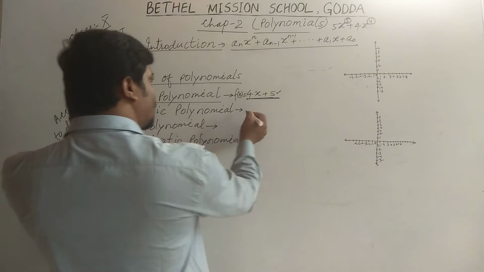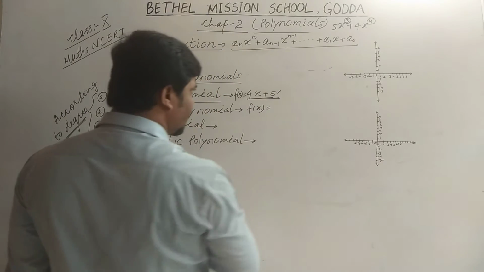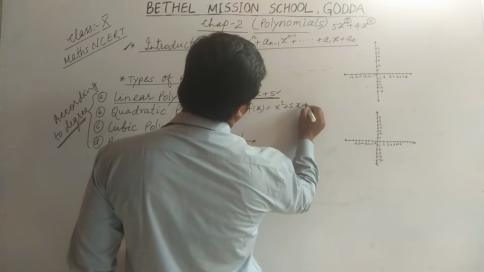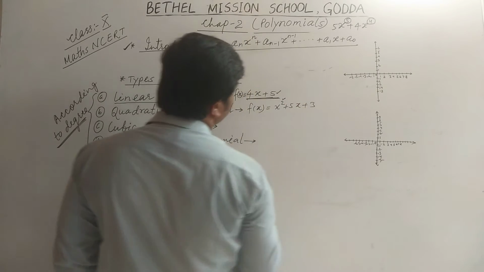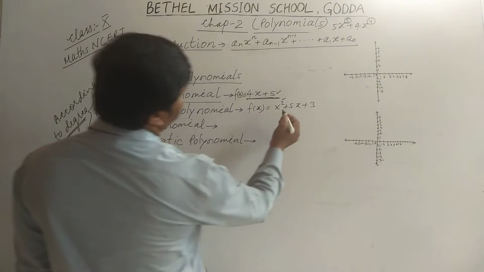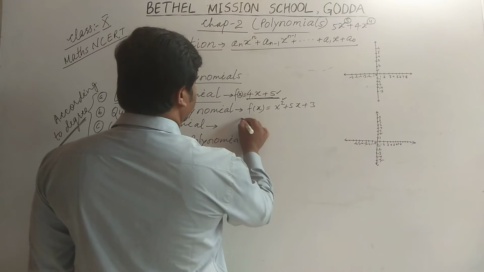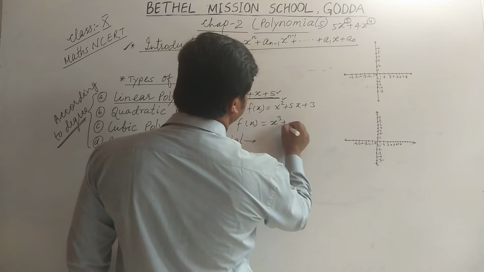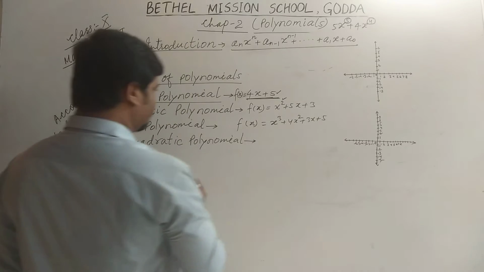Next, quadratic polynomial, a polynomial in variable x such as x^2 + 5x + 3. The degree of this polynomial is 2, so in a quadratic polynomial the degree will be 2. Like that, in a cubic polynomial the degree will be 3, for example x^3 + 4x^2 + 3x + 5.